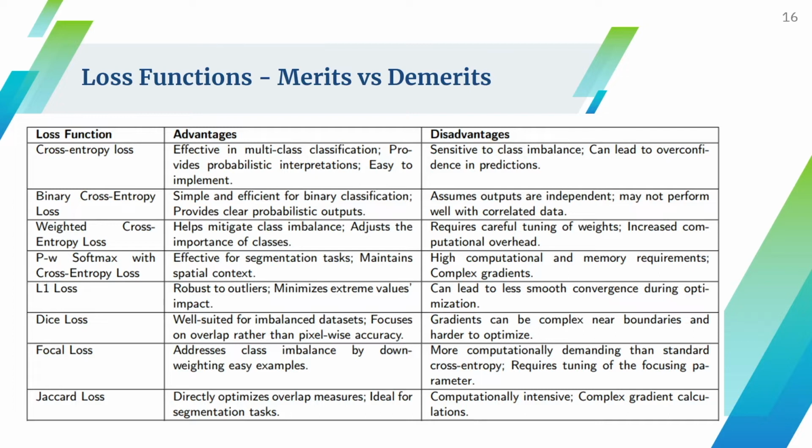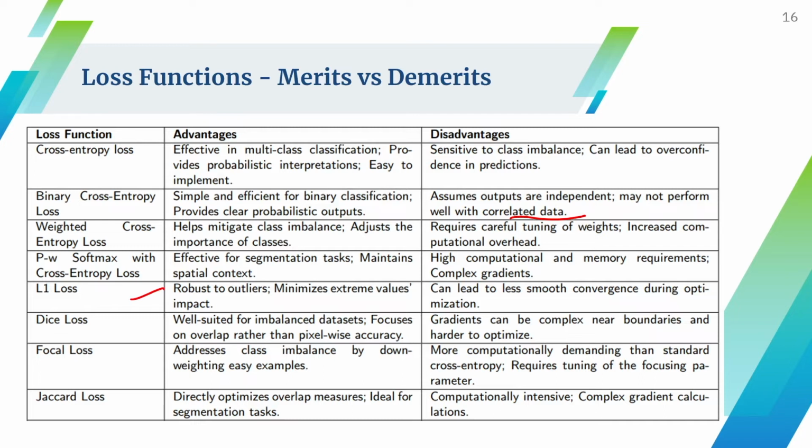And moving on to the binary cross entropy method, you can very well see that clear probabilistic outputs will be there when you apply this, and here it may not perform well with correlated data, and sometimes the outputs are independent of the values. And when you see the L1 loss method, it is very much robust to outliers.